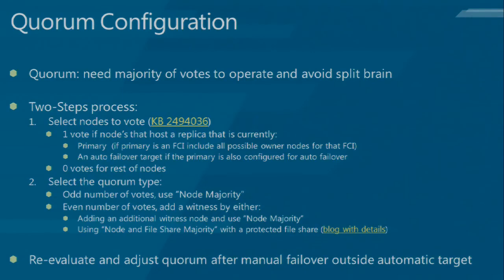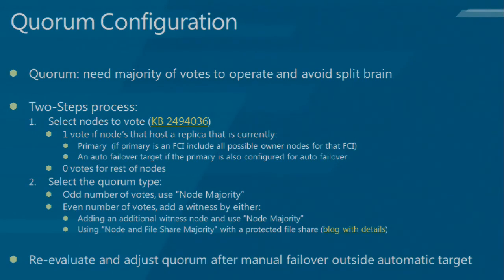Alright, to set a quorum, it's a 2-step process. Set 1 vote for the replica that is the primary. If you have an automatic failover target, then give that replica a vote as well, and set 0 votes for the rest of the replicas. Next, if you have an odd number of votes, then use node majority quorum.